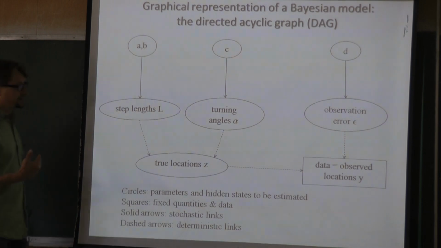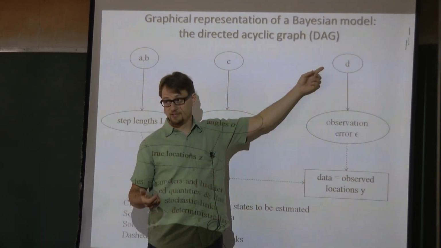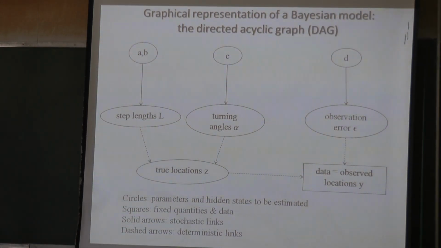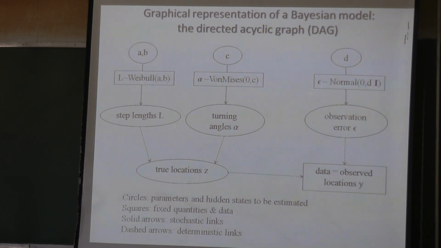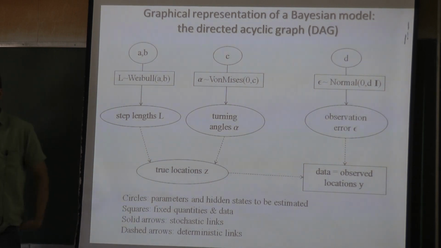And then we assume that there is some model for the observation error. In this case, I put there 1 parameter for that model. So to make this a bit more concrete, let's put here specific distributions that you might assume.